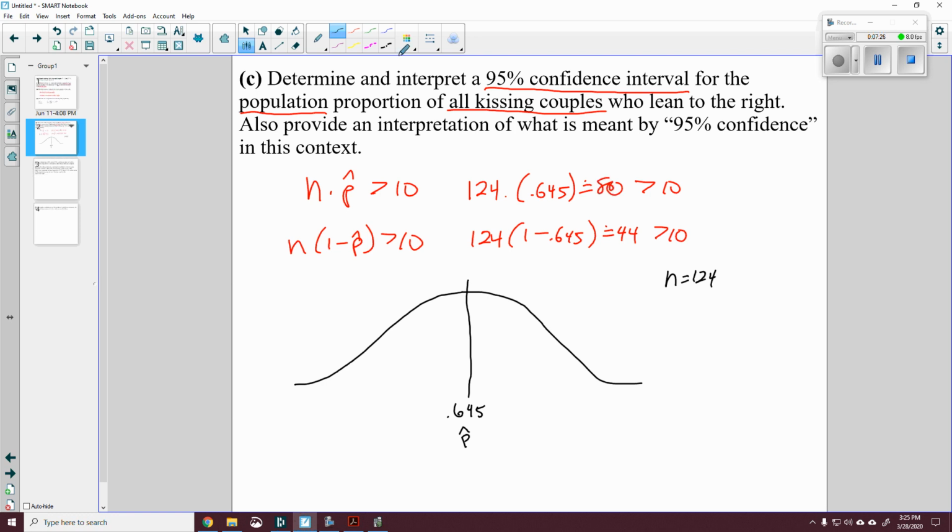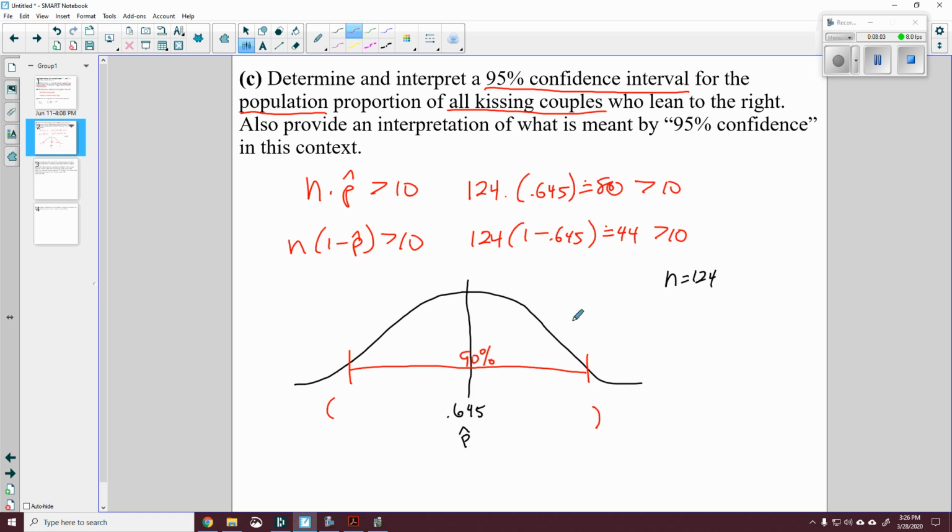And what I'm trying to find out is, that might or might not be the population proportion. But what I want to find out is, if this represents 90% of all kissing couples, what is the lowest possible proportion that I could have as my population proportion, and what is the highest possible proportion that could represent my population proportion?